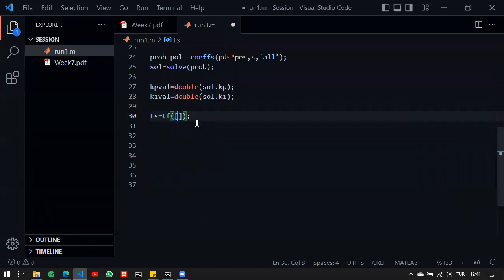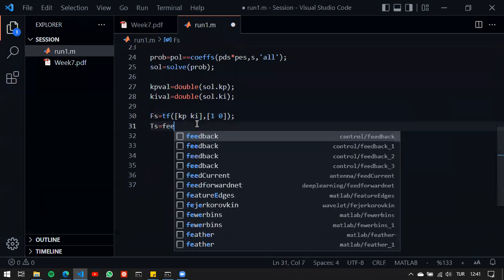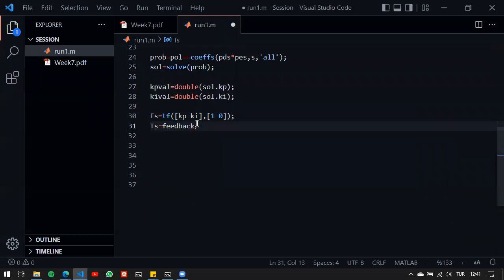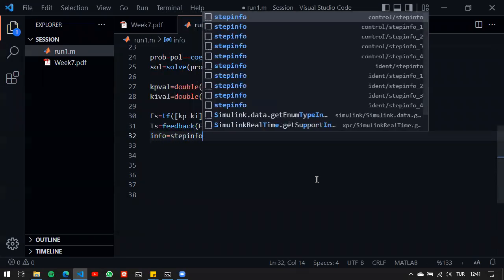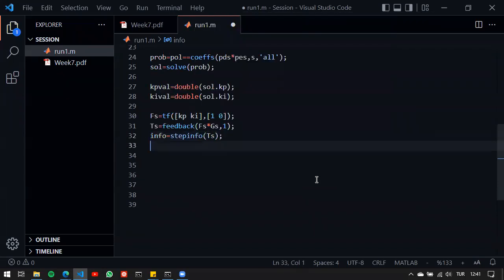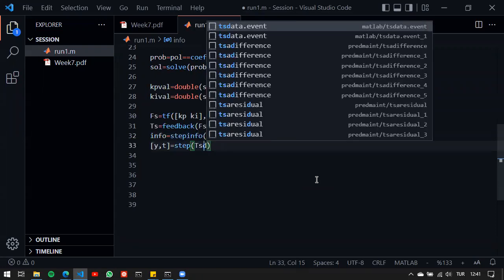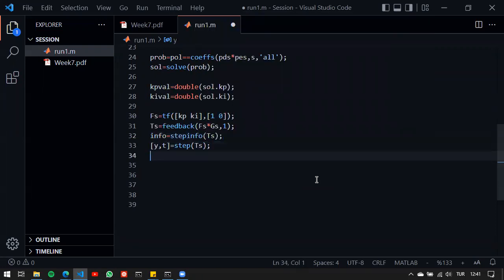Controller is Kp Ki. Feedback ts, 1, and info, step info. Let's get the step response. Let's create a figure.